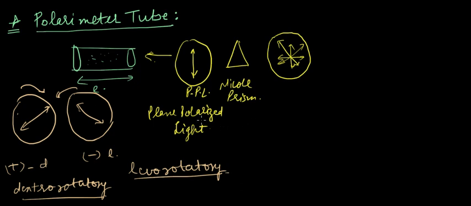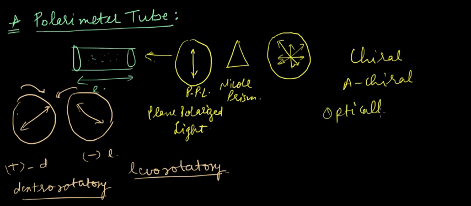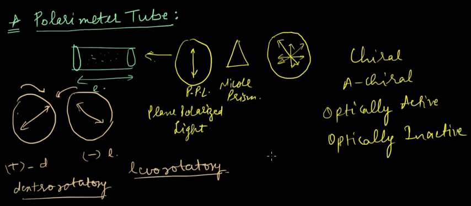But before that, let us come to terms with some of the definitions of chiral compound, achiral compound, optically active compound, optically inactive compound. So we'll be looking into definitions of all of these in a short while.